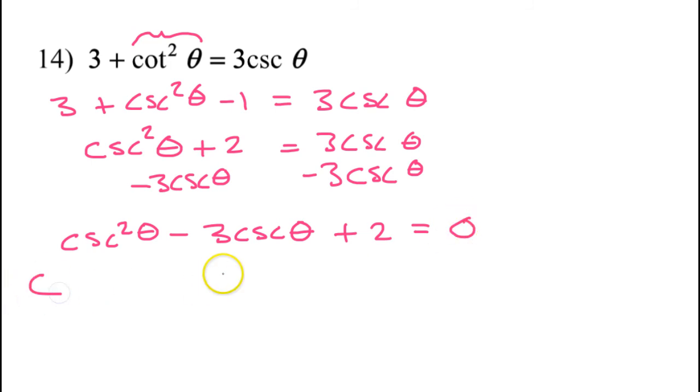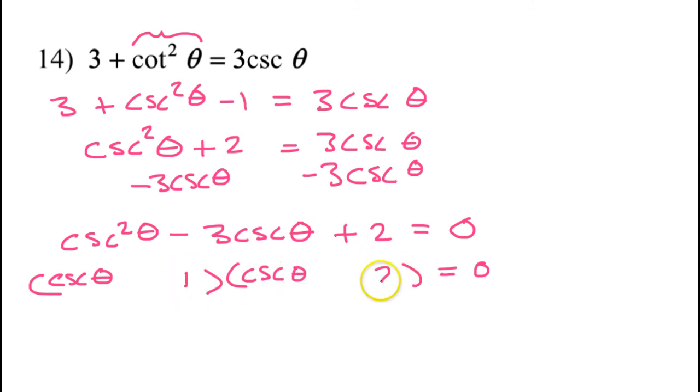Now this is most likely factorable, so let's try to factor it. Cosecant squared will only factor as cosecant times cosecant. 2 will only factor as 1 times 2. Now, the key to my method of factoring is inner plus outer must equal the middle. Inner, I have 1 cosecant theta.